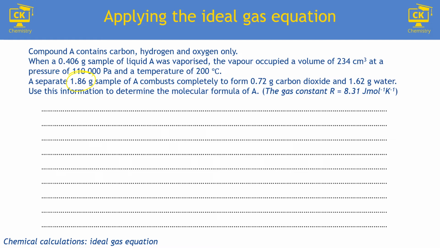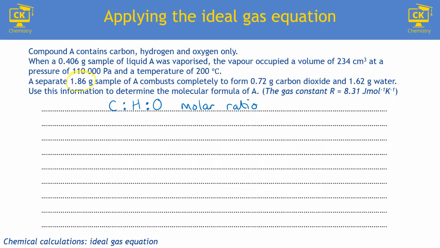So we know that it contains carbon, hydrogen, and oxygen. And what we want for the empirical formula is the molar ratio. So basically what we need to know is how many moles of carbon, hydrogen and oxygen are in my 1.86 grams sample.